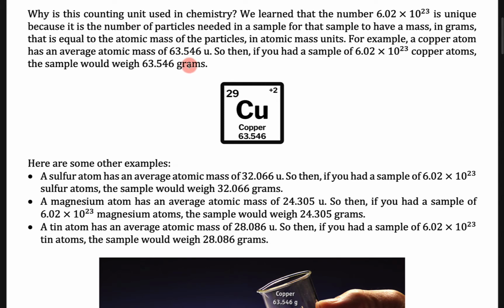So the average atomic mass for a copper atom is 63.546 atomic mass units. If you had 602 hexillion copper atoms, that number of copper atoms would weigh 63.546 grams.